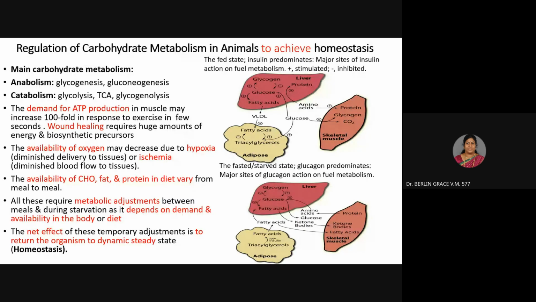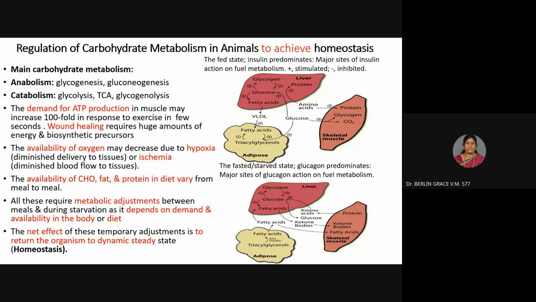So the major site of glucagon action on fuel metabolism, if you look at it, will promote glycogenolysis. You can see the plus symbol shifted to the right side. So glycogenolysis is promoted by glucagon, whereas glycogen synthesis is inhibited by glucagon in the liver.